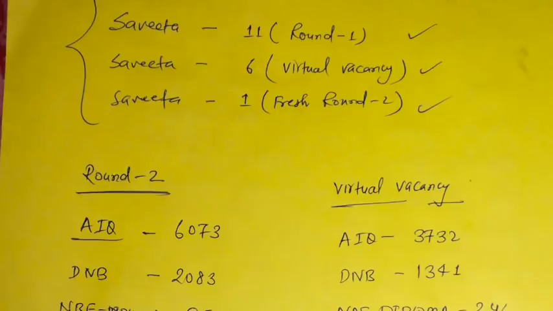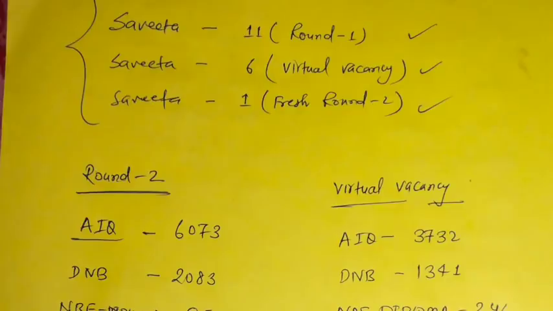Those fresh available seats are not newly added seats only; it is cumulative of newly added seats and those seats which were available in round 1 but were unjoined or unallotted, or were allotted to candidates who took free exit, or the candidate resigned after joining. Including all these scenarios, the seats are available in round 2.